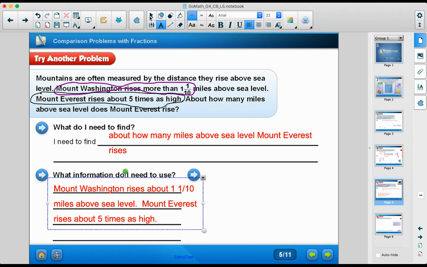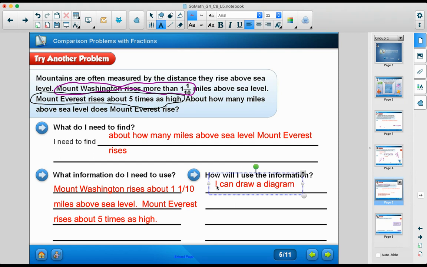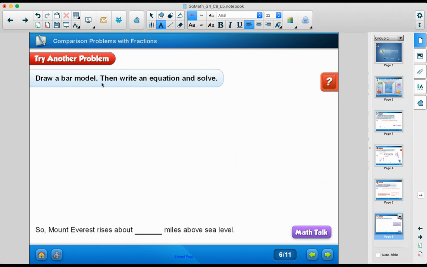Okay. That sounds right. How will I use the information? I can draw a diagram to compare the heights of the mountains. Draw a model, then I'll write the equation to solve. Well, it's very hard for me to draw a model, so I'm just going to write the equation.